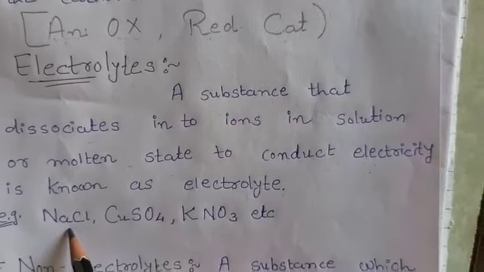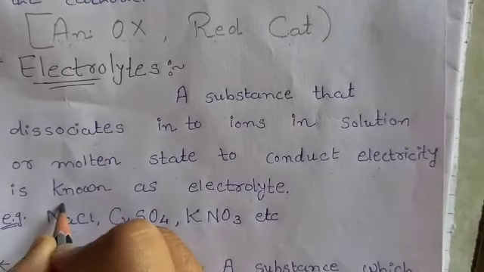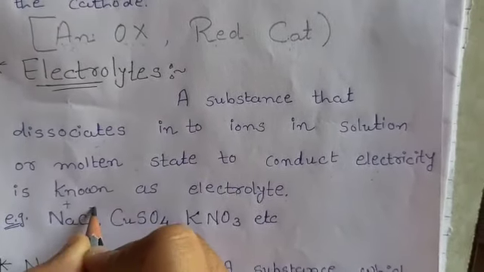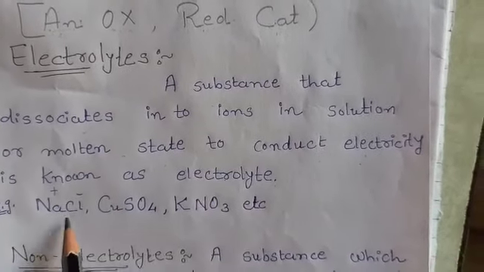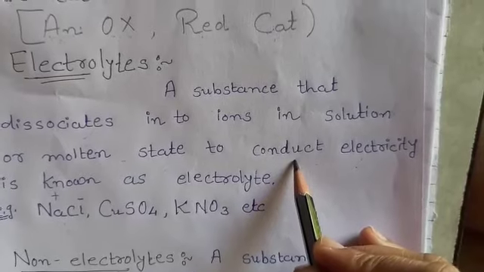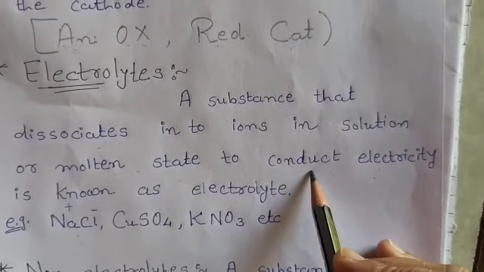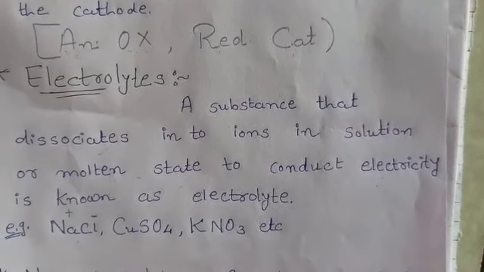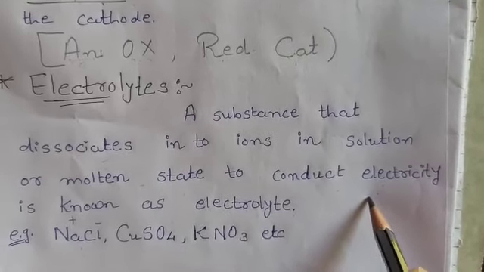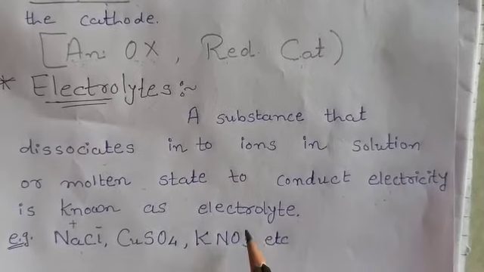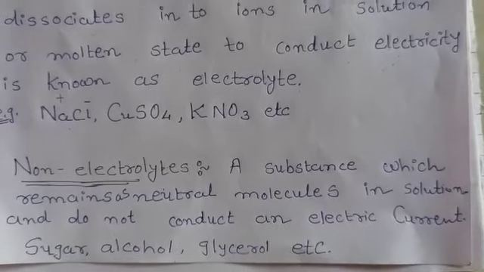Suppose we take a solution of NaCl. In solution this NaCl converts into Na+ and Cl-, and due to these ions it conducts electricity, right? Means electricity can pass through the solution of NaCl, so that type of salt is known as an electrolyte.